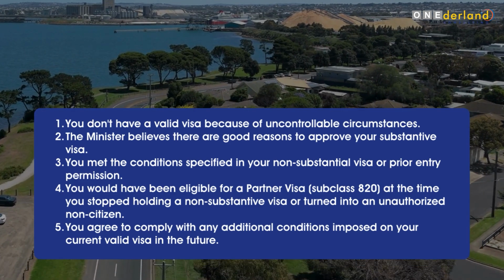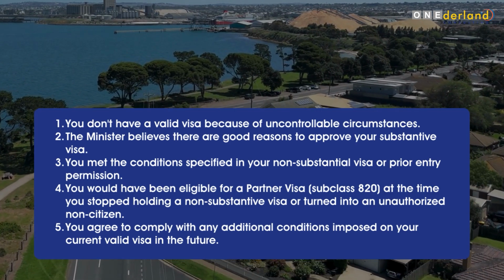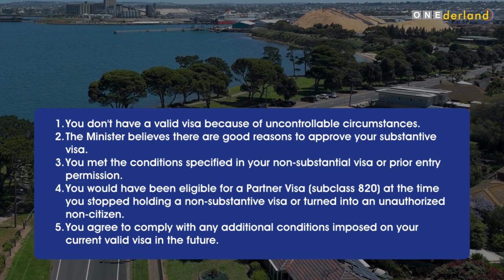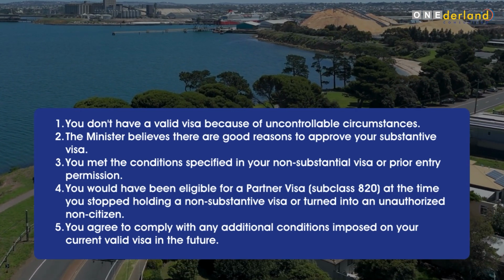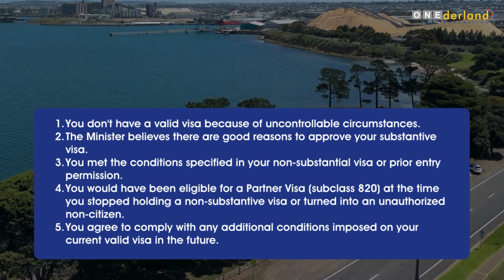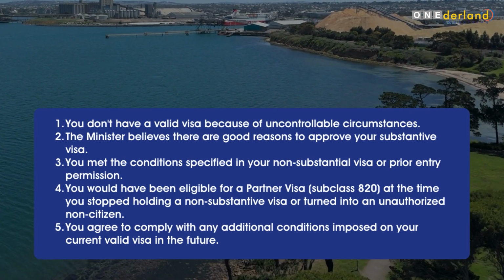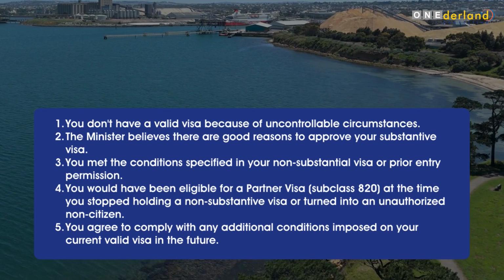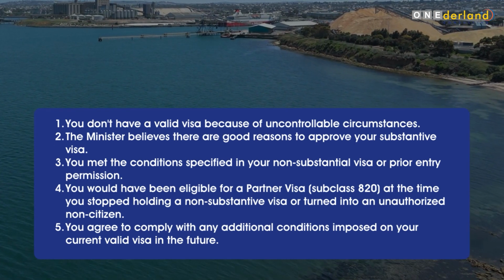Third, you met the conditions specified in your non-substantive visa or prior entry permission. Fourth, you would have been eligible for a partner visa at the time you stopped holding a non-substantive visa or became an unauthorized non-citizen. You agree to comply with any additional condition imposed on your current valid visa in the future.